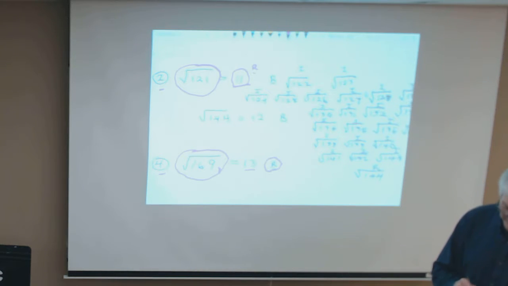So, watch what I did here. Between 2 and 4, I came up with another number. The square root of 144 is, put 144 in there and hit the square root button, and what do you get? 12. So that's a rational number.